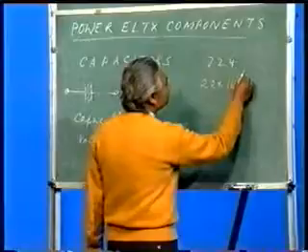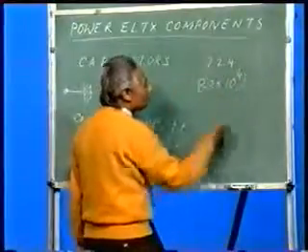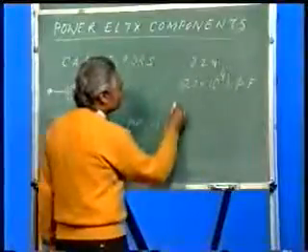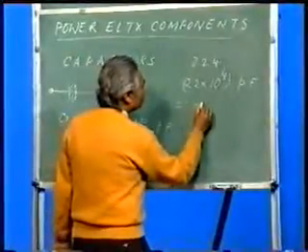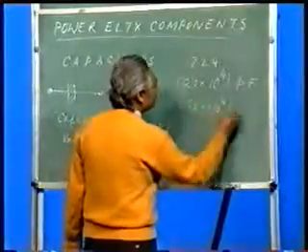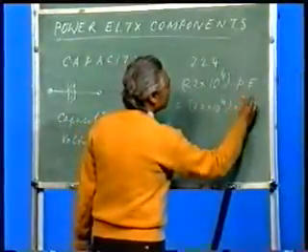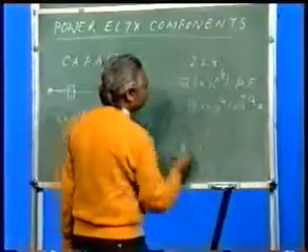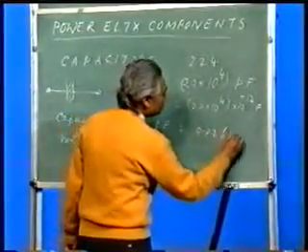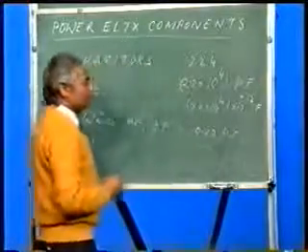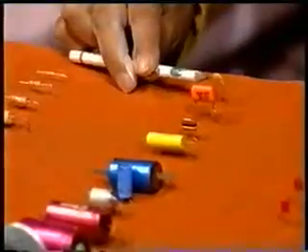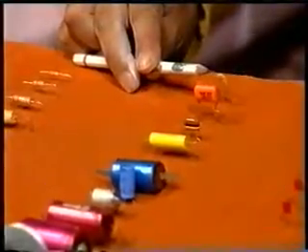So it is 10 to the power 4, and the value will always come in picofarad. This is equal to 22 into 10 to the power 4 into 10 to the power of minus 12 farad, and if I solve it, this becomes 0.22 microfarad. So the value of this particular capacitor is 0.22 microfarad.